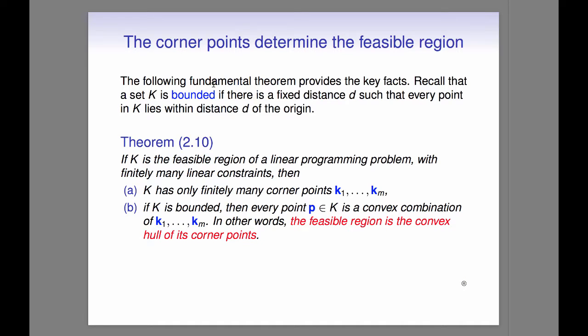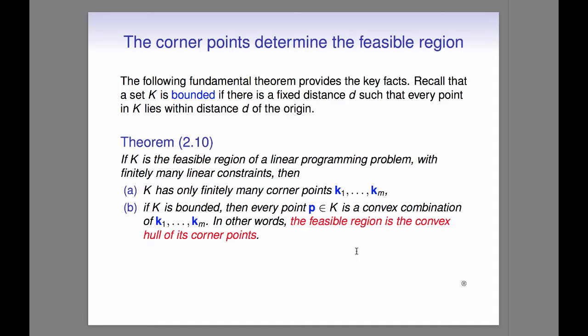Theorem 2.10 in the notes tells you what the situation is for any feasible region of a linear programming problem. It says that there are at most finitely many corner points, and if the feasible region is bounded, then every point in the feasible region is a convex combination of the corner points.